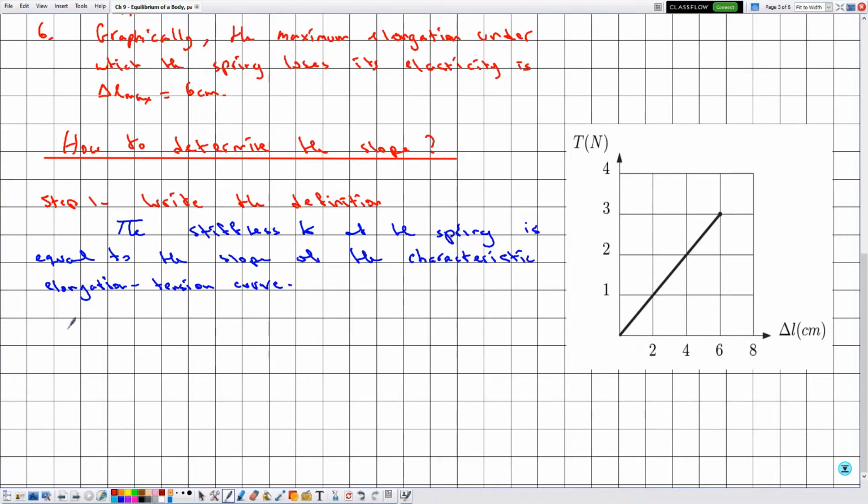Now step number 2 is to choose any 2 points belonging to the curve, independent of the positions of the points. Then step number 2 is to choose any 2 points on the curve.